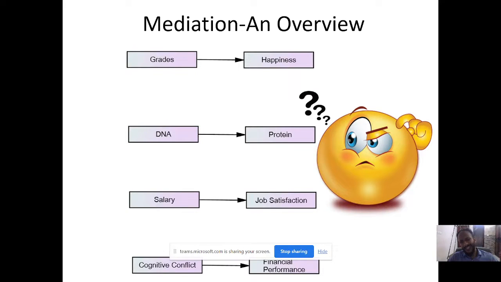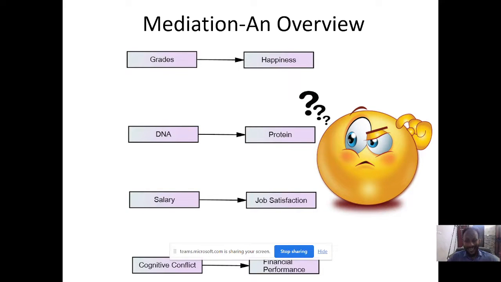So you can see that there is some kind of relationship between these two variables, whether it is grades and happiness, or DNA and protein, or salary and job satisfaction, cognitive conflict and financial performance.